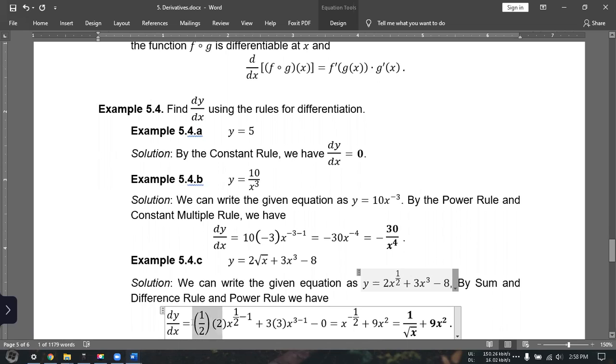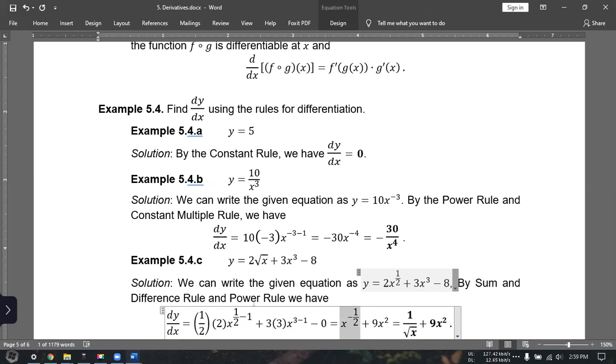You can just simply say 1 half times 2, or what is half of two, one. Yeah, 1 half times 2 is 1. And then we'll subtract 1 from 1 half. That will give us negative 1 half. 1 half minus 1 is negative 1 half. X raised to negative 1 half.